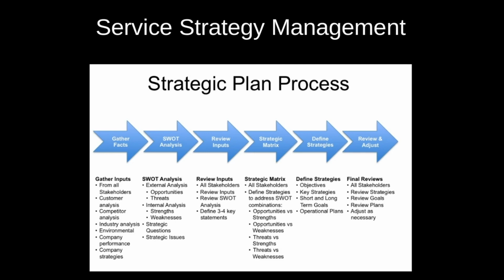We're going to review our inputs, which are the facts and the analysis that we've performed. And we're going to send this out to all the stakeholders, and we're going to find three or four key ideas that summarize our overall strategic plan for this market. We're going to use that to create the next phase, which is a strategic matrix.